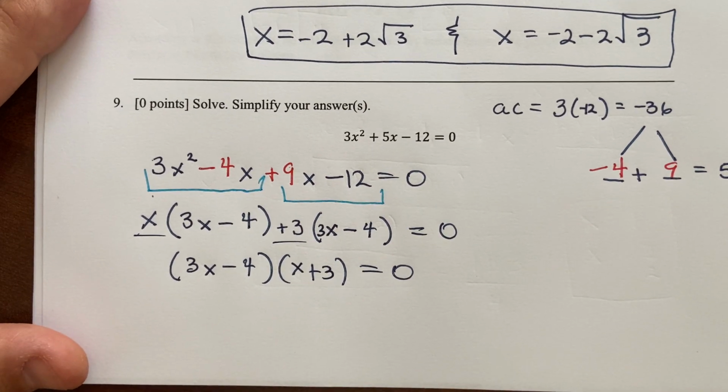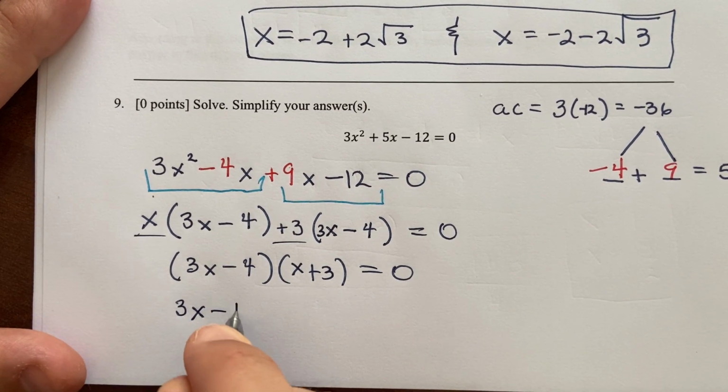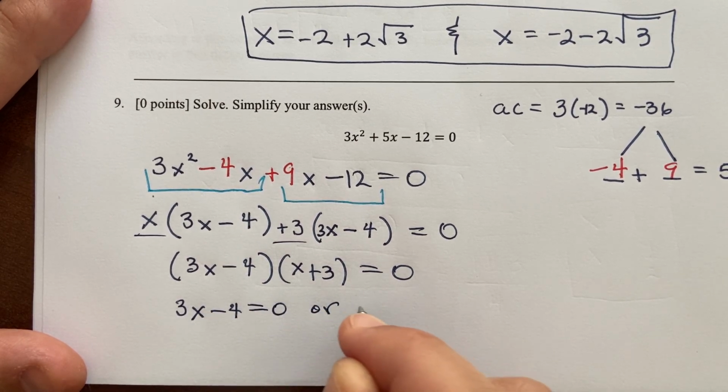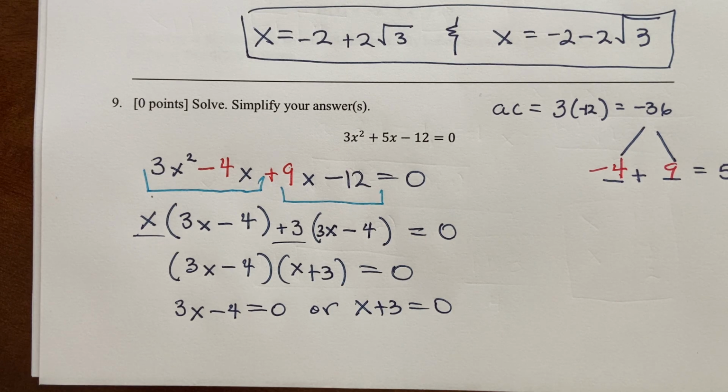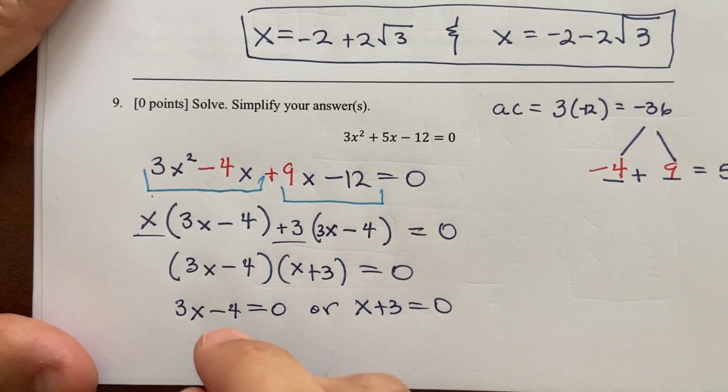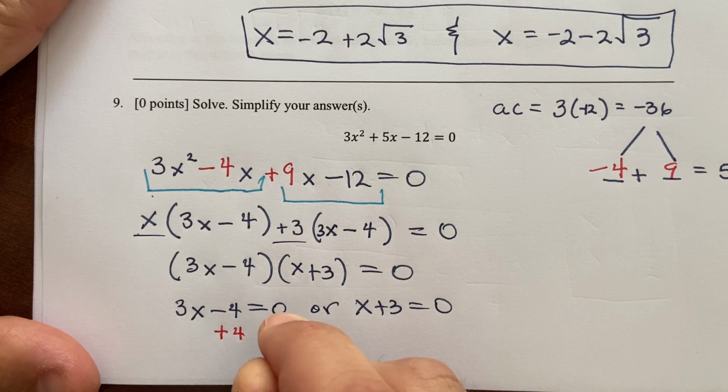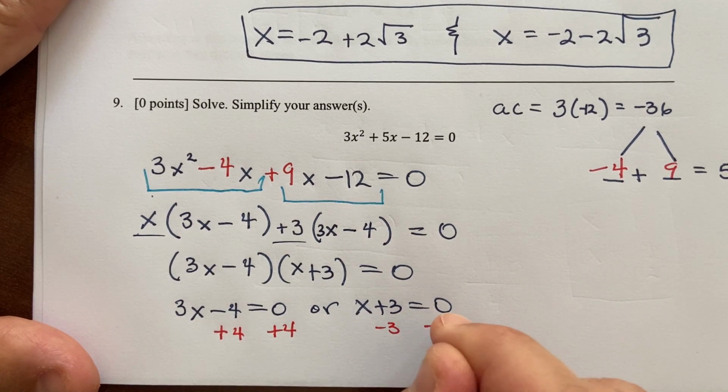Now the zero product property says that 3x minus 4 needs to be 0, or x plus 3 needs to be 0. Solving these, add 4, subtract 3.